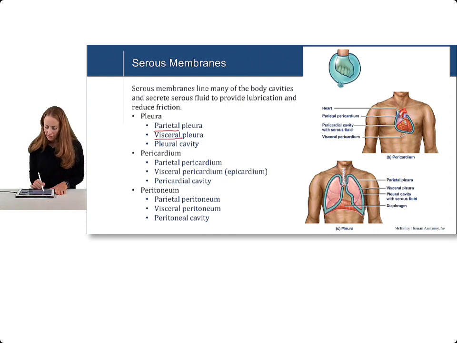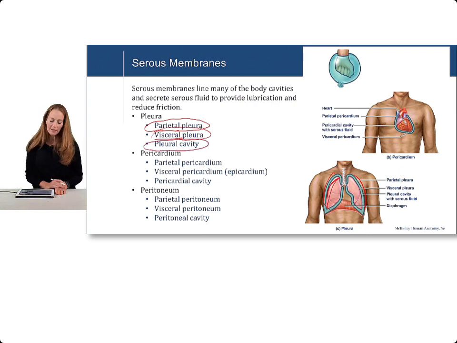So if we look at the lungs, for example, the parietal pleura are found on the chest wall, and the visceral pleura are found on the lungs themselves, and then the space containing the pleura is the pleural cavity, and that contains the pleura and the lungs, of course.